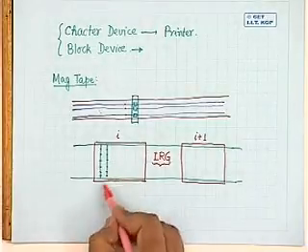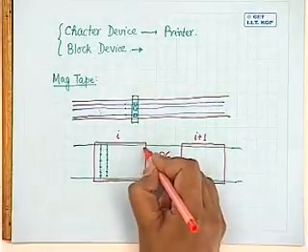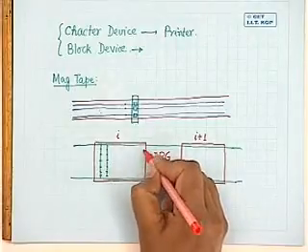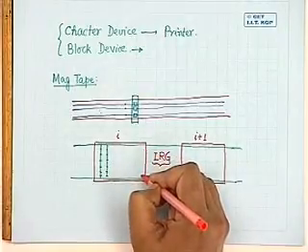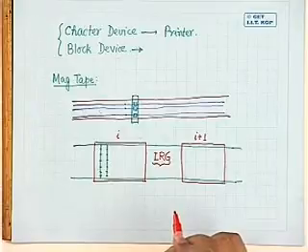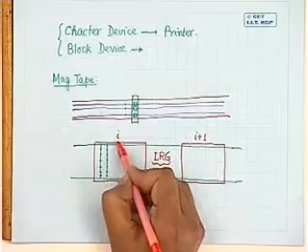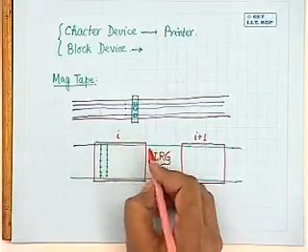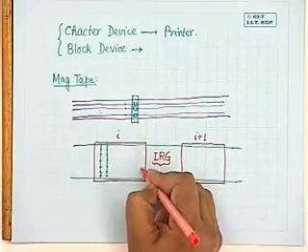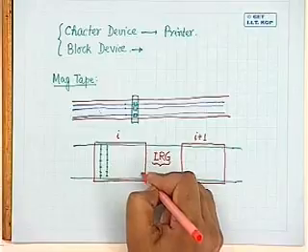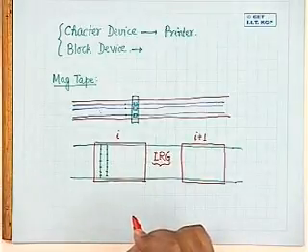Until the last byte of the ith record is read, the tape must maintain that constant speed.